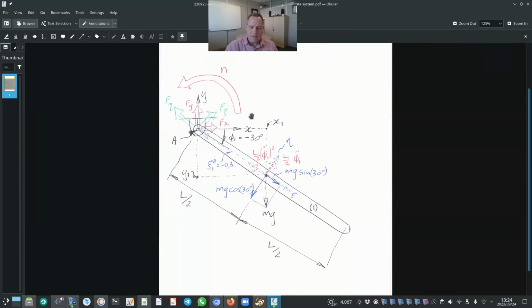Okay, so in our next lecture we will be applying a torque to the pendulum rod and then calculating the response, right? And that is referred to as forward dynamic analysis.